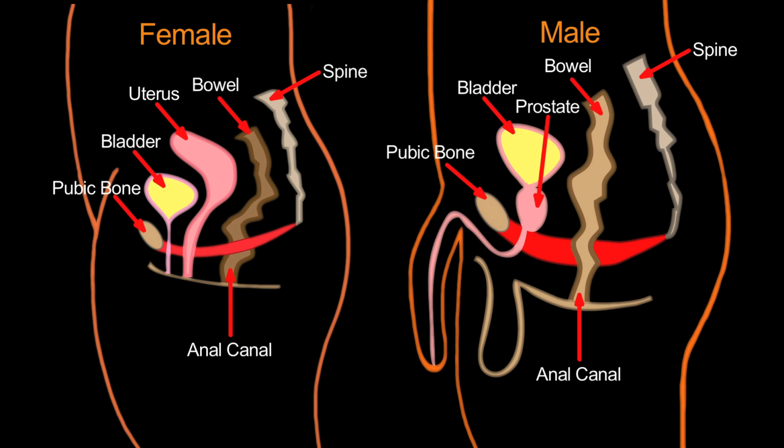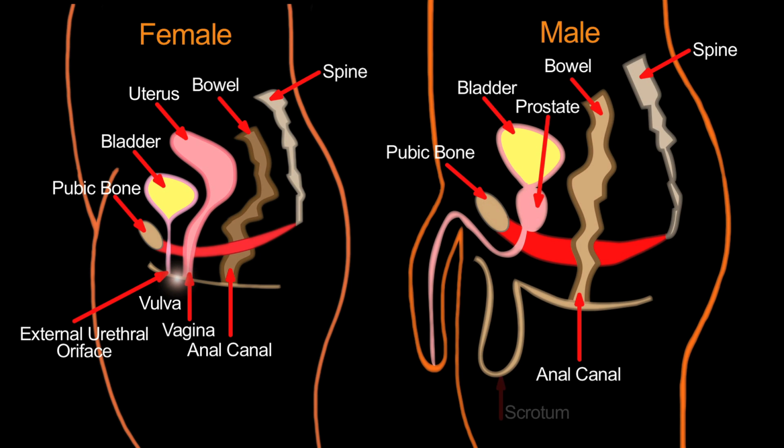In front of the anal canal, in the female perineum, are the vagina and the external urethral orifice, and the female external genitalia, the collective name for which is vulva. In the male perineum, in front of the anal canal, are the scrotum, penis, and the external urethral orifice.